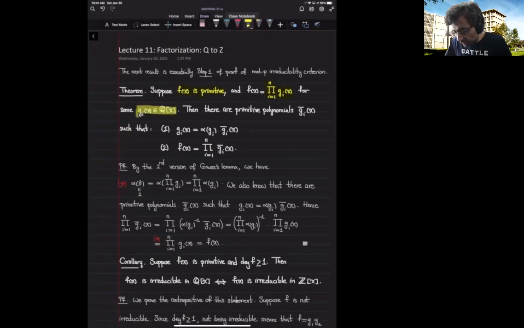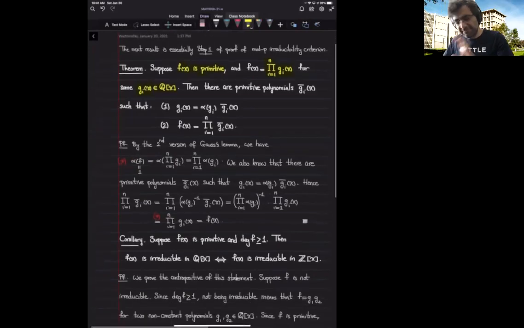What can help us to prove this result is Gauss's lemma. So let's go through the statement and the proof. So f is primitive. I've managed to write f as a product of g sub i's, where the g sub i's have rational coefficients.